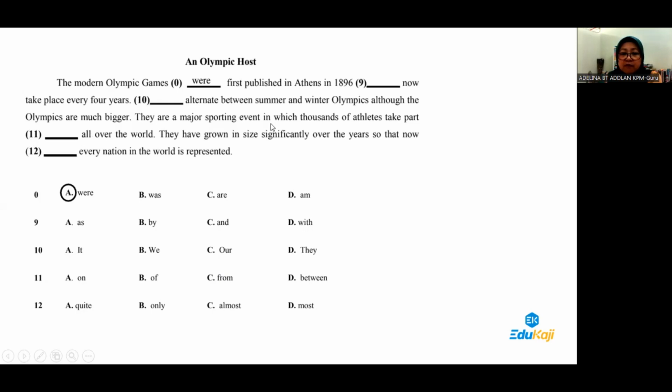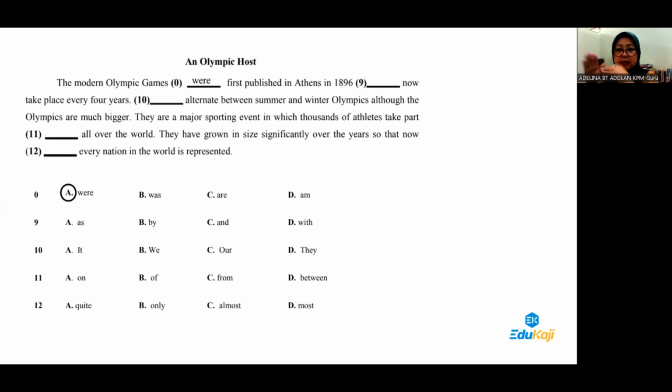There are major sporting events in which thousands of athletes take part all over the world. When you refer to people from other countries, you put it as from, not between. Because there is a collective noun here, we are using the number of people, right? Number 12, this is also grammar: quite, only, almost, most.